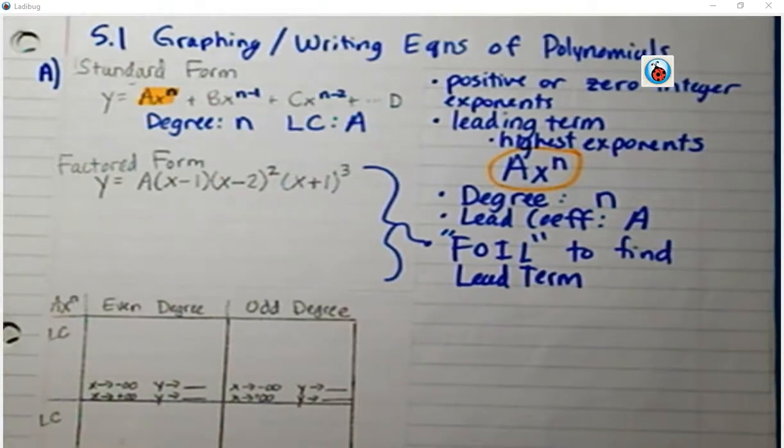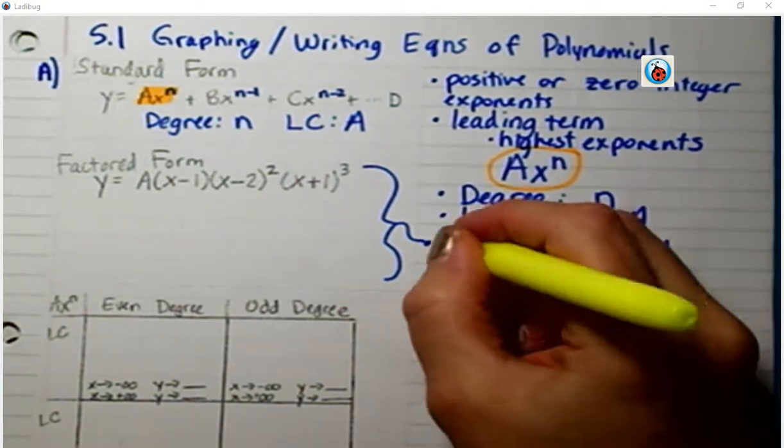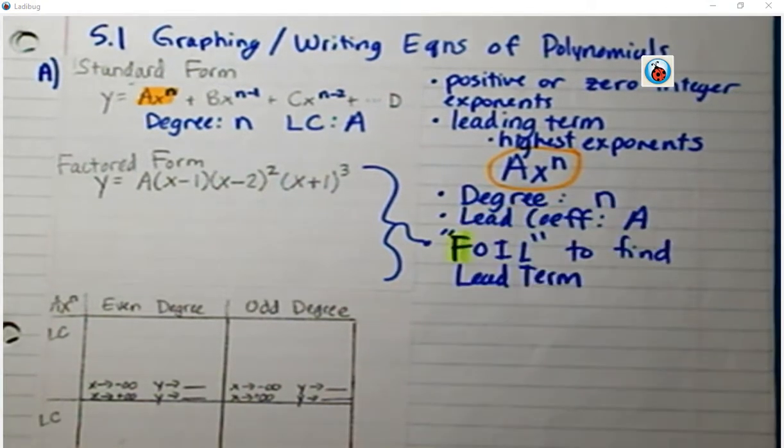I put quotes because in actuality, I don't need outer, inner, last. I only need the first term. I only need the part with the highest power. That's it, because all I'm looking for is the leading term.